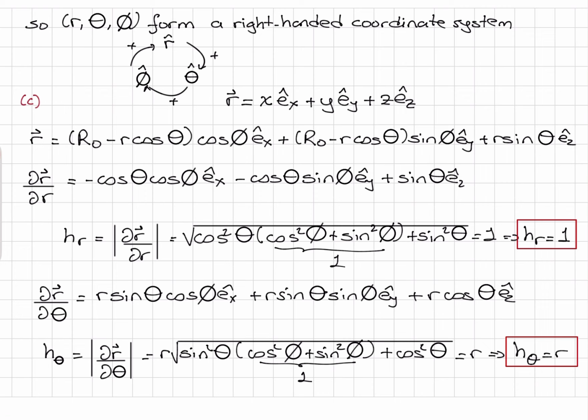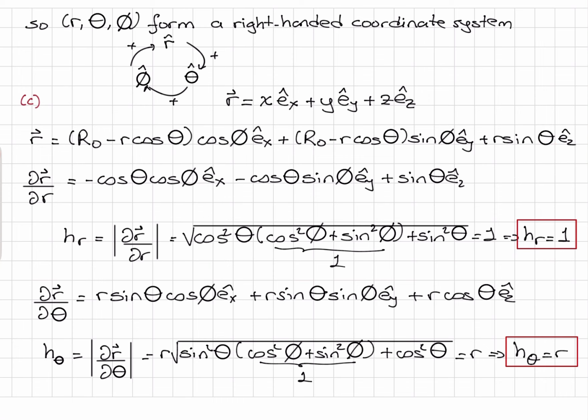Derivative with respect to r gives me minus cosine theta cosine phi ex hat minus cosine theta sine phi ey hat and sine theta ez hat. Derivative with respect to theta gives me plus r sine theta cosine phi ex hat plus r sine theta sine phi ey hat plus r cosine theta ez hat.